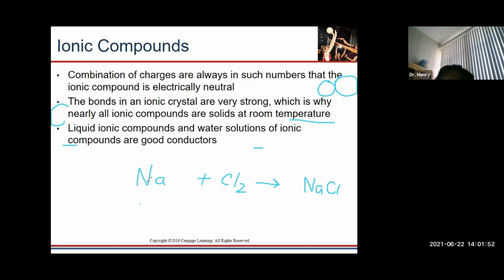Okay, sodium is going to be giving up an electron. Let me draw this a different way so you guys can see it. I should say different color.